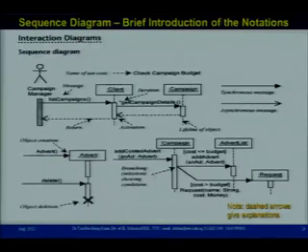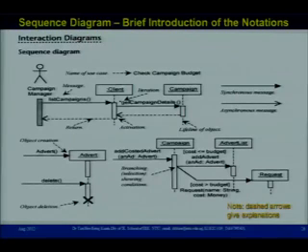Okay, now I start to introduce you the notation. Earlier we said that a sequence diagram has two axes, horizontal axis here, and vertical axis. So we will show all the actors and objects under the horizontal axis.